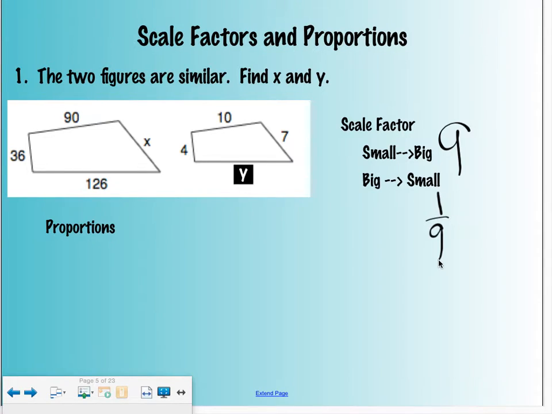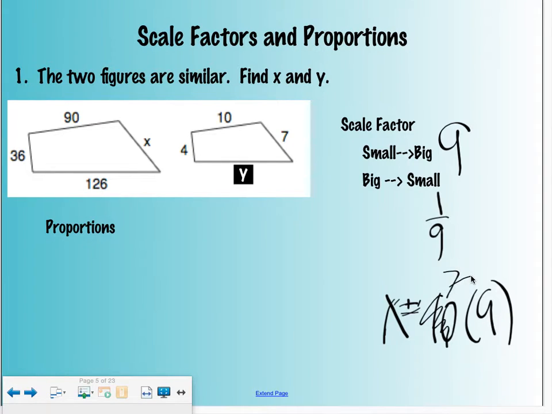So given the scale factors, we would do X equals 10 times our scale factor. Or I'm sorry, not 10. 7, because it's the corresponding side. So 7 times our scale factor gives us X, which is 7 times 9. Lexi? Right.